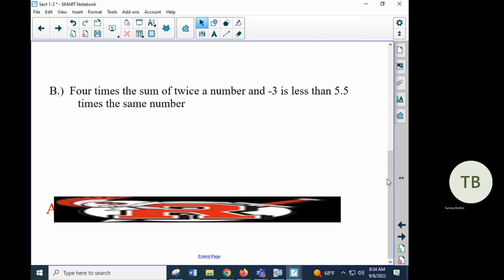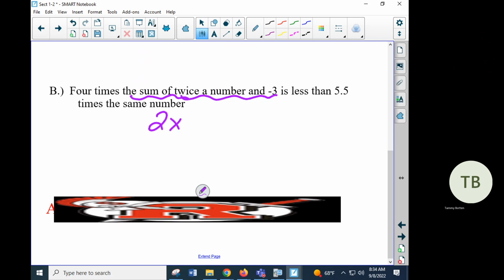Then it says 4 times the sum of twice the number and -3. Okay, we'll worry about the 4 times in a second. How would I write twice the number, first of all? Twice the number would be 2x, okay? How would I write the sum of this and -3?